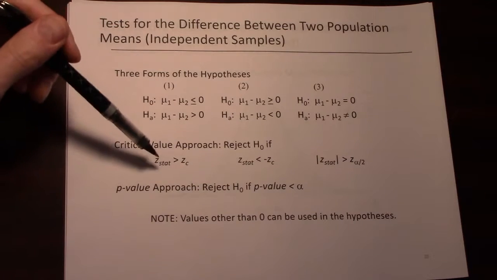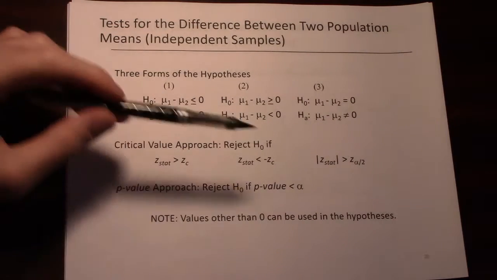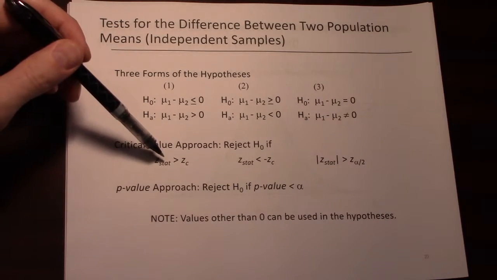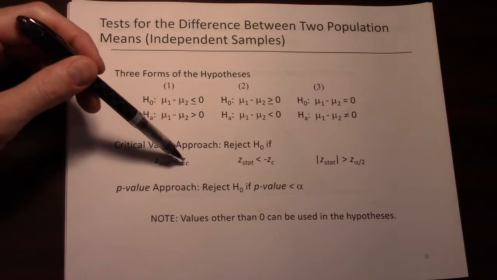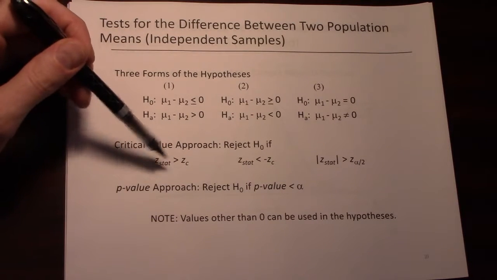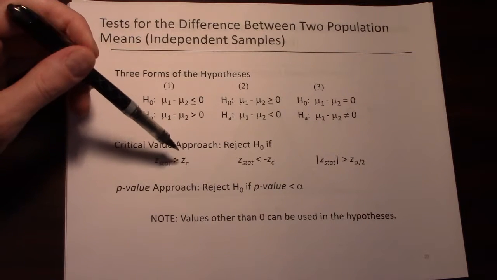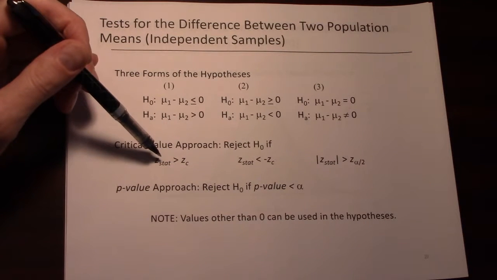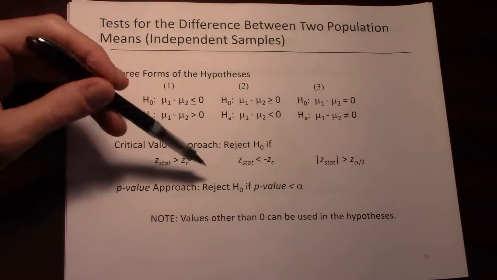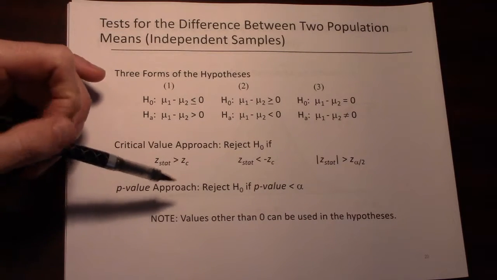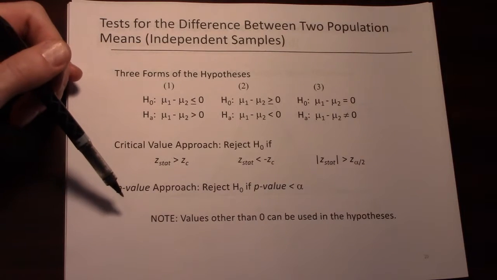The z-statistics are going to be set up the same way. If it's a one-tailed test, there are going to be z-critical values. The z-statistics and the z-critical values are going to be set up the same way. And if the z-stat falls in the rejection region, we reject. P-value approach, same way as well.